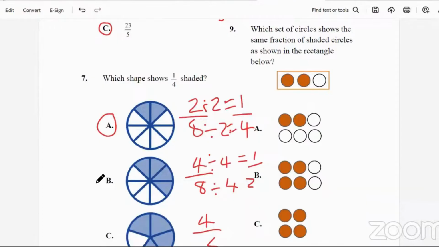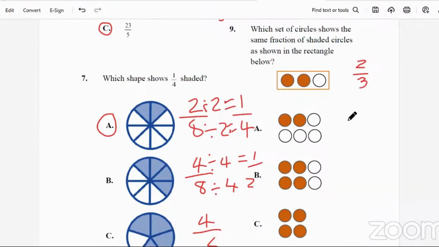All right, so question 9 says, which set of circles shows the same fraction of shaded circles as shown in the rectangle below? So in the rectangle below, we have 2 out of 3 shaded, okay? So they have shaded 2 out of the total 3. All right, so let's compare the others.